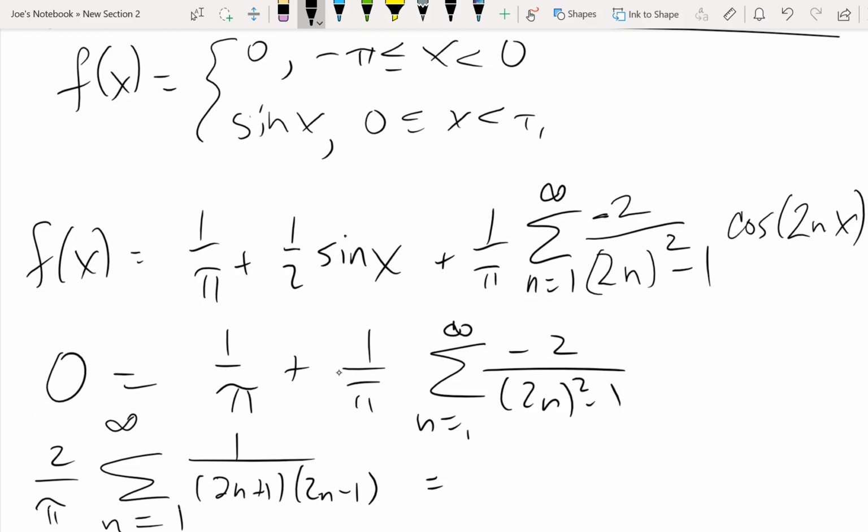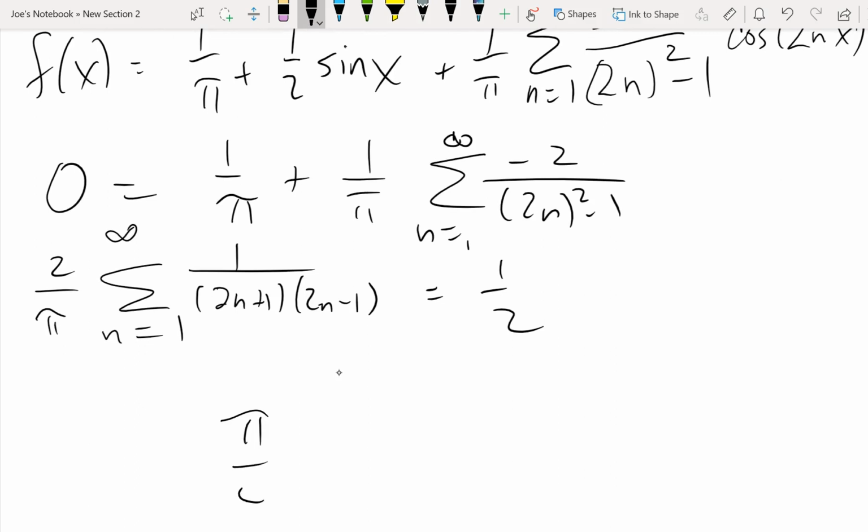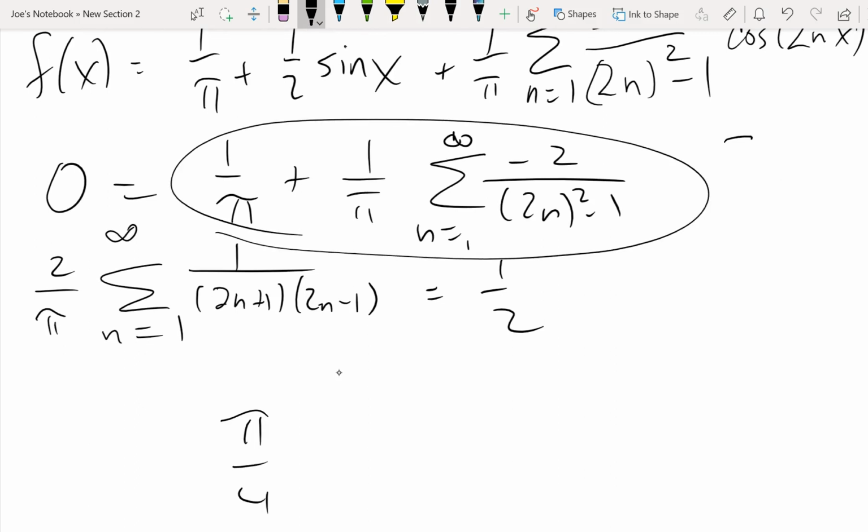This should be a half on this side, so I'm not sure what I'm missing, because there should be a 1/2 over here. We got 2 over pi for our a sub 0. Something, there should be a 1/2 and not a 1 over pi over there, because the idea behind this is that we get another expansion for pi over 4. I'm missing something, something is goofy here. I have to go find it.